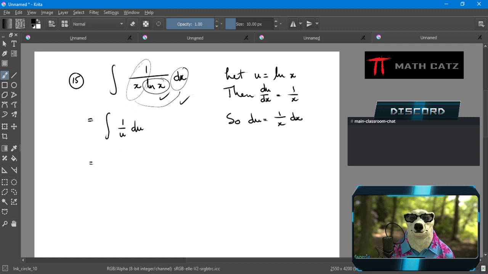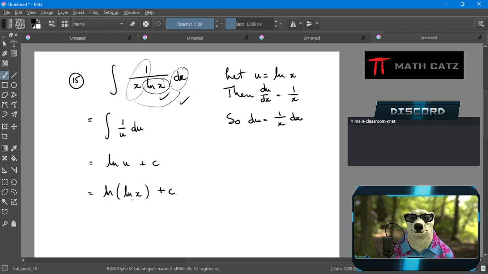Now I look at this integral, forgetting where it comes from. The antiderivative of 1 over u with u as my variable is natural log of u, plus c, of course. And then I go back and replace u with whatever it should be replaced, which happens to be log of x.